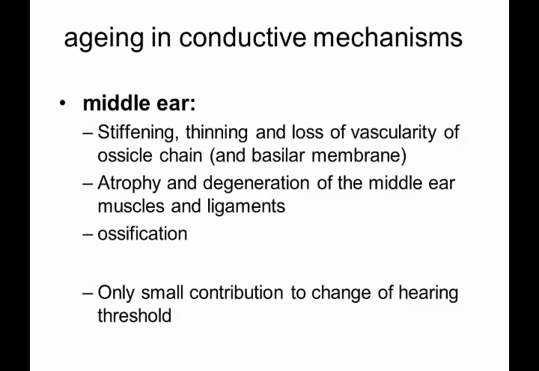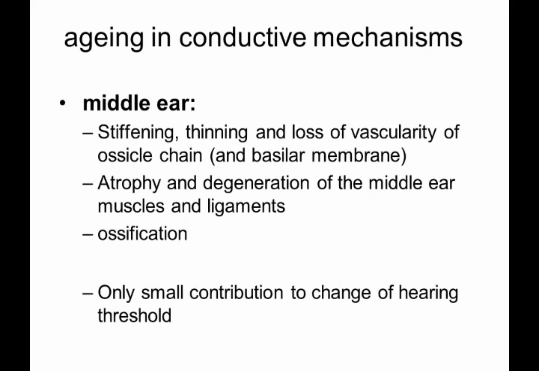So that's doable. The middle ear is more tricky. We have stiffening, thinning, and loss of vascularity of the ossicular chain and the basilar membrane as well. We have atrophy and degeneration of the middle ear muscles and ligaments, and we've got ossification.